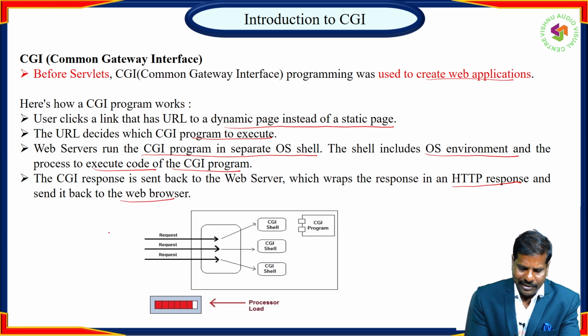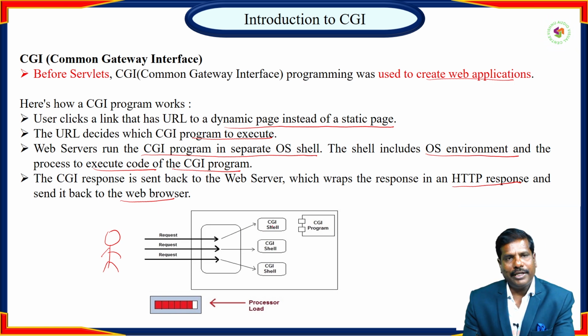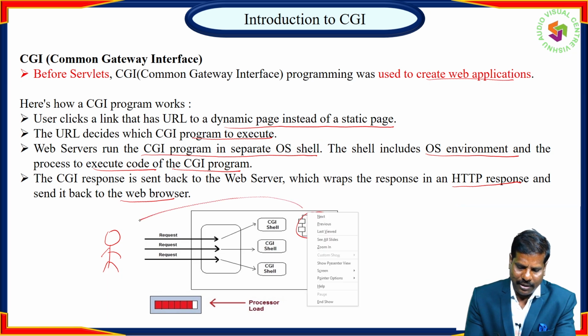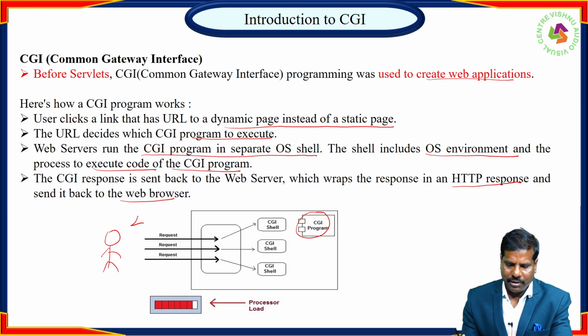So the client sends a request to the CGI, and CGI creates a separate CGI process for each request, called a CGI program, to execute, and the response is sent to the client. Okay, this is the process of execution in CGI.